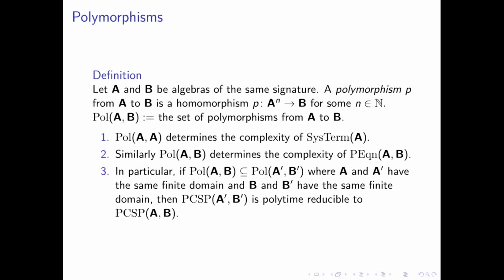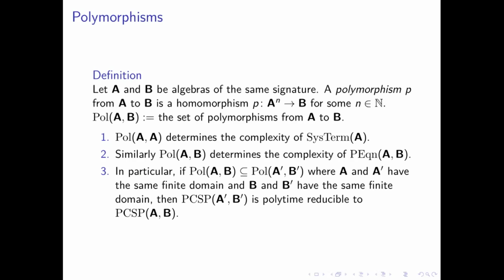More precisely, you have this statement here. If Pol AB is contained in Pol A prime B prime, where A and A prime have the same finite domain, and B and B prime also have the same finite domain, then promise equations A prime, B prime reduce to promise equations A, B.